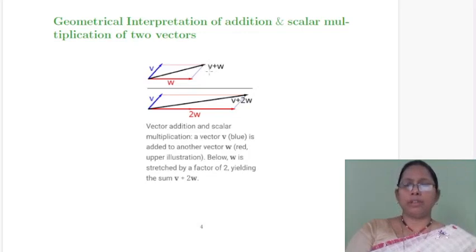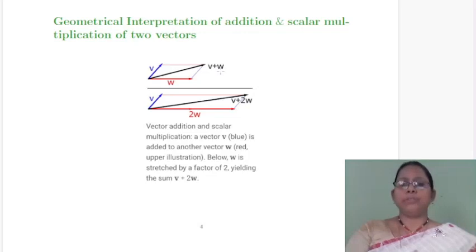This will be the direction and this is the magnitude v plus w. Next, if we scalar multiply the vector w with a scalar 2, then its magnitude will increase and the resultant vector addition will be v plus 2w. It will be obtained in the same way as we get vector addition in the first figure.